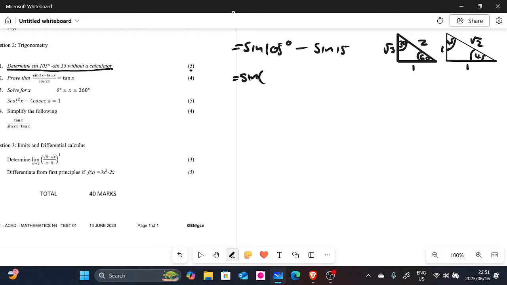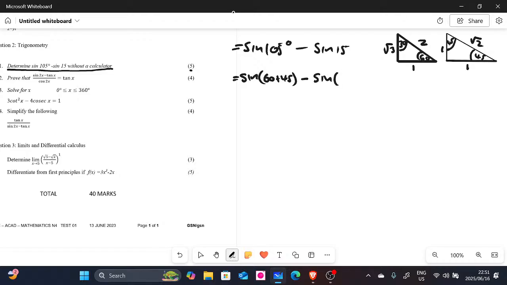Two special angles that we can use here are 60, that's for sure, and since we have 105, we can add it with 45. When you say 60 plus 45, it's going to give you 105, and then we say minus.